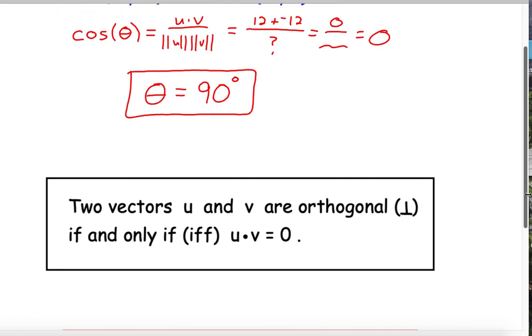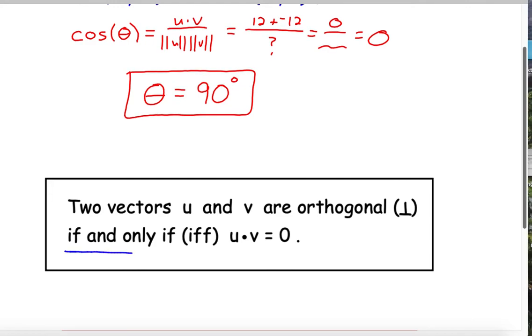So two vectors, u and v, are orthogonal, perpendicular, if and only if, I don't know how often this has come up, that's what I abbreviate iff, if and only if the dot product is 0. What that means is it works both ways. So if the vectors are perpendicular, then you automatically know the dot product is 0, even if you don't know the specific components of each vector.